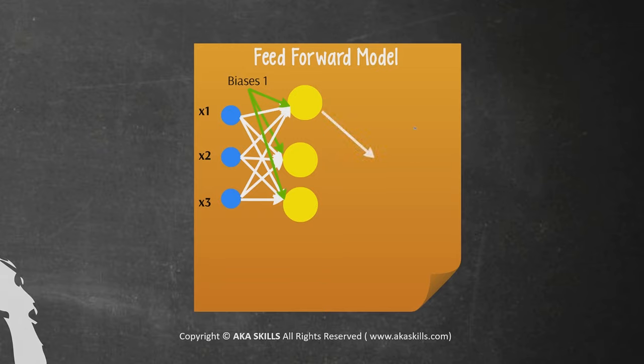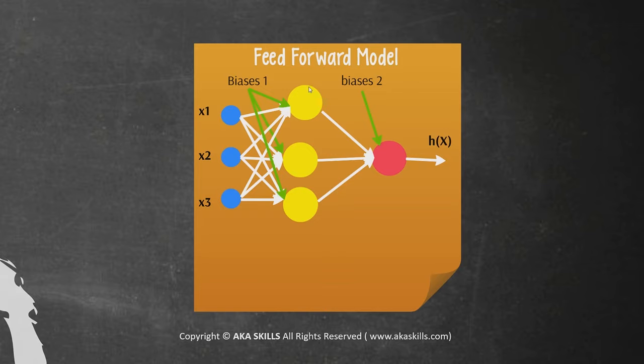Then we need an output, but we cannot output just from three cells. We need one cell to do some final computation and give us the final output. So after these cells do their computations, they output them and feed them as inputs to a final cell, and then this final cell does the final computation and outputs the final output.